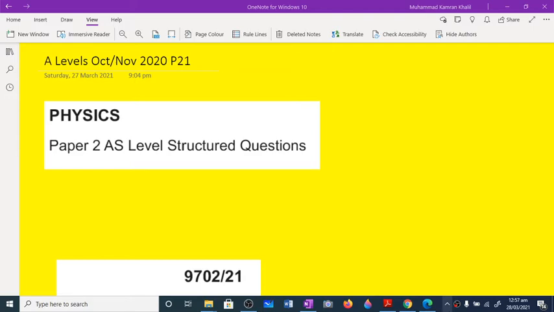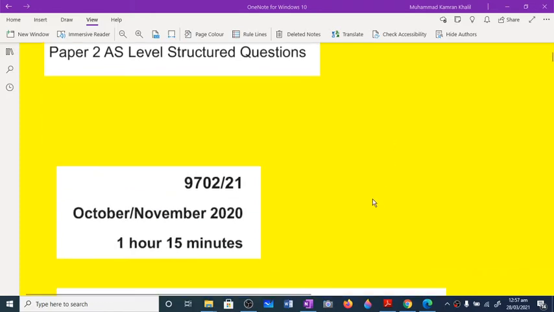It will help you a lot, because you will know what common mistakes the students made while attempting this paper. So do not repeat these mistakes when you are solving this paper. Now let's move towards the solution of this paper.